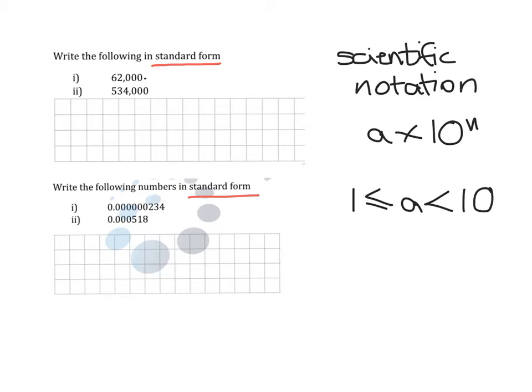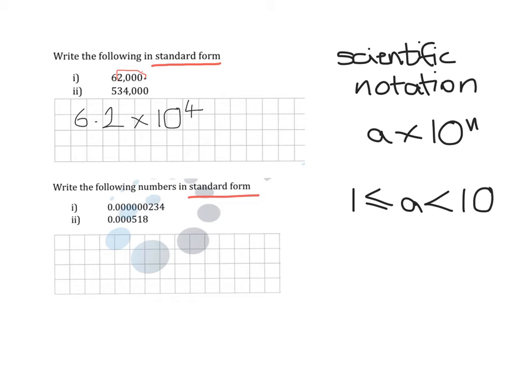So we'll be moving it 4 places to the left. Because we've moved it 4 places to the left, we can write the number as 6.2 by 10 to the power of 4. Okay, so it's 10 to the power of 4 because we moved it 4 places to the left.